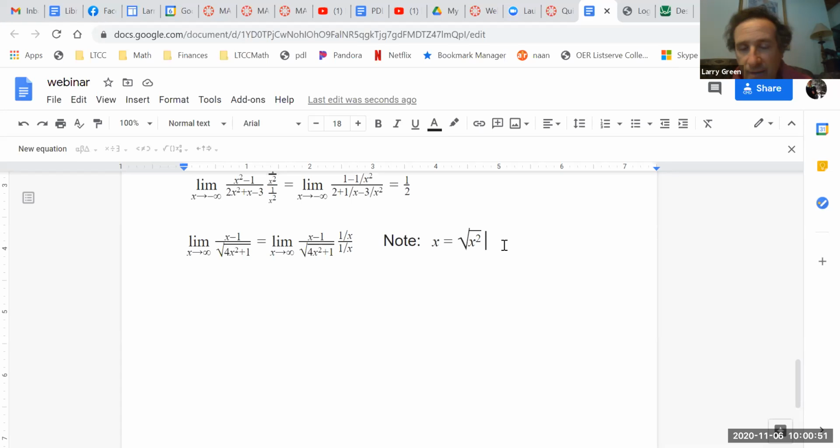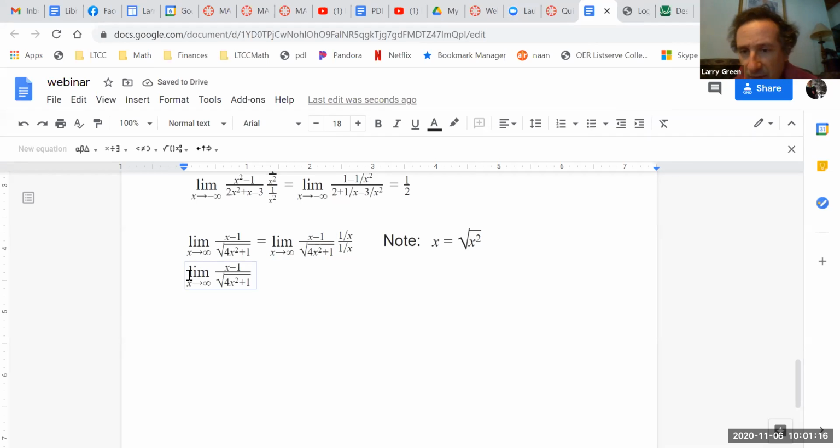Any questions on that? All right, well, because of that, what I can do is bring that 1 over x in as a 1 over x squared into the root. Any questions on that idea?